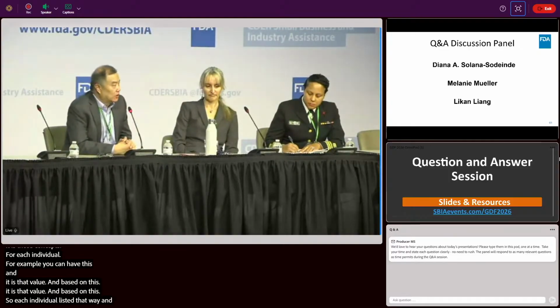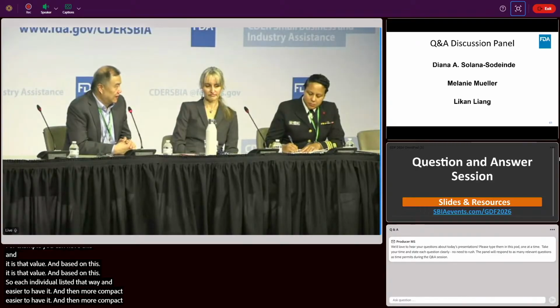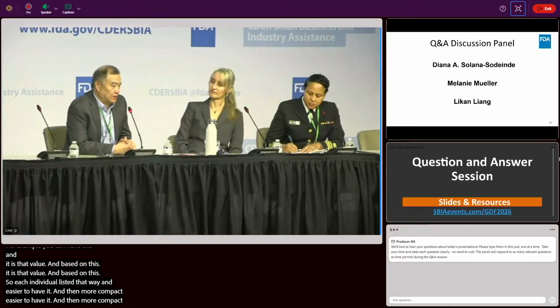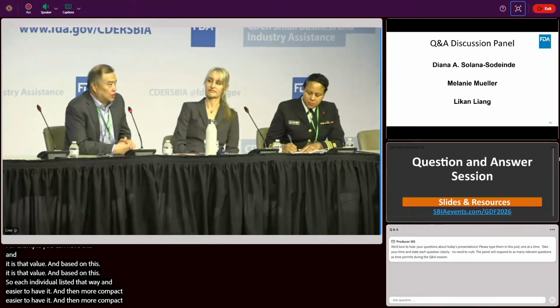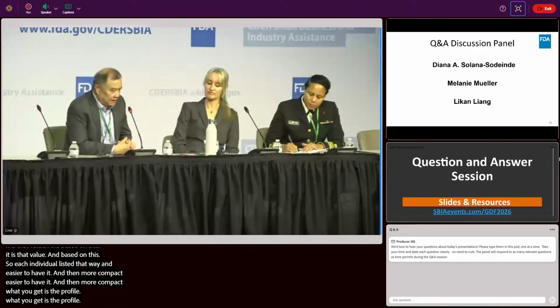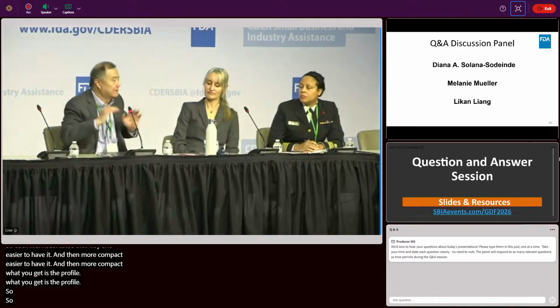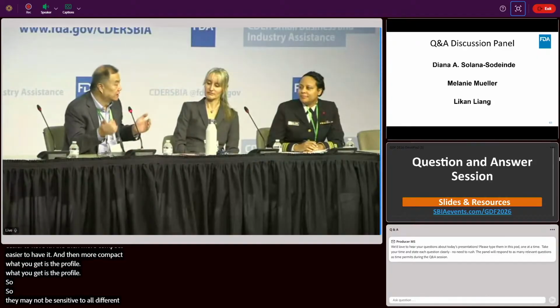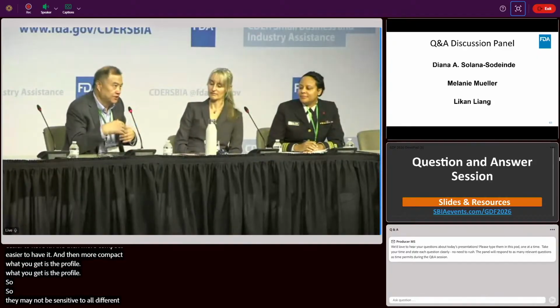Now, it is more complex for ASOs, which have a lot of diastereomers, and you cannot separate single diastereomers. What you get is the profile. So it's very complex, as I showed earlier. Those analytical methods may not be sensitive at the same level to all different kinds of composition changes.